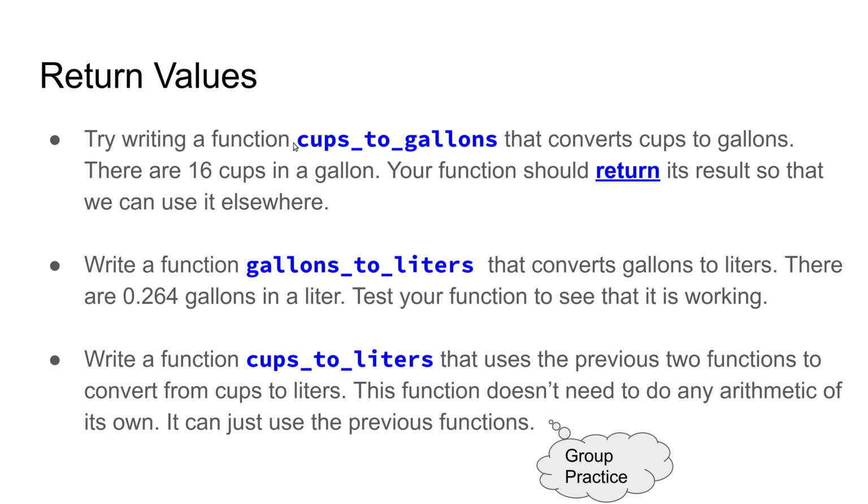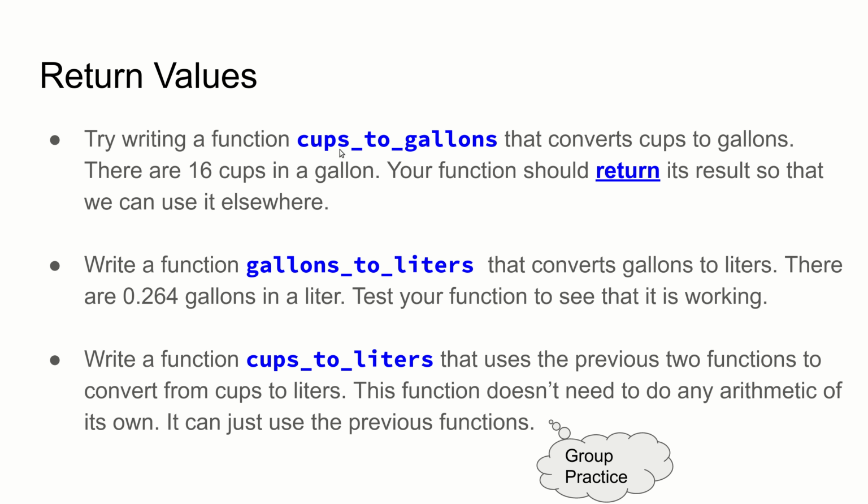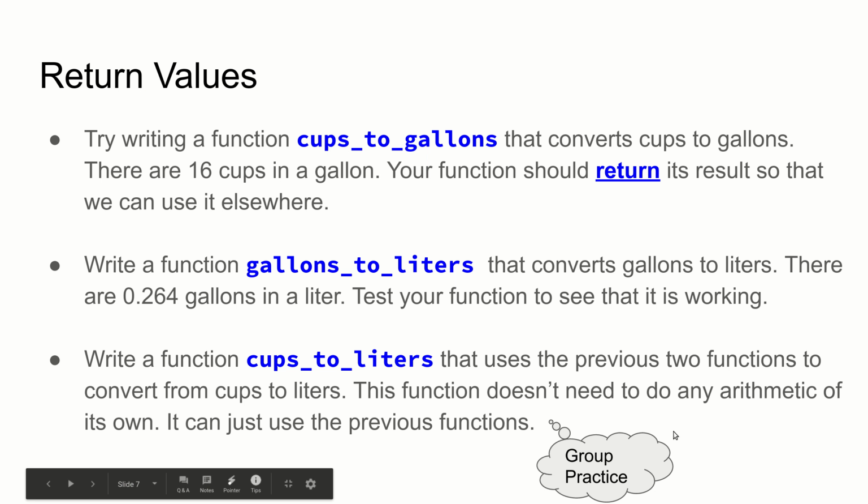We could feed that number of cups into cups to gallons and store that as the number of gallons. Then we could call gallons to liters with that number of gallons, save that, and return that as our result for cups to liters. And again, we'll look at how to implement this either as practice on your own or in class. But we don't have to do any math in cups to liters because we can get the results of calling those other functions.